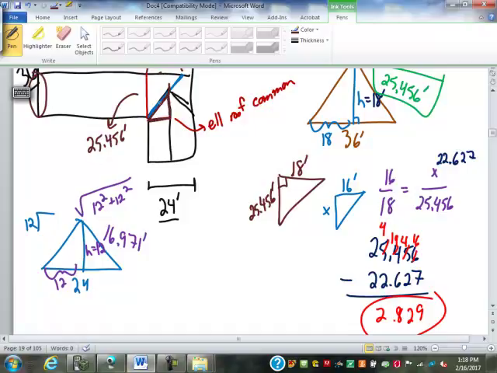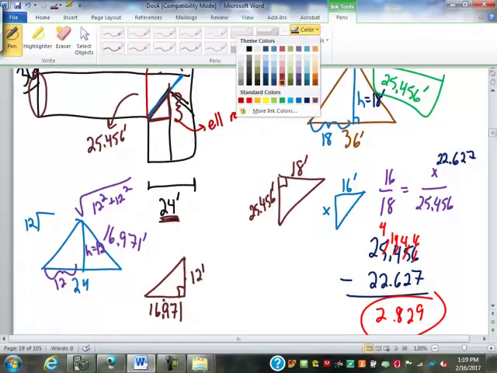So now we're going to look at this triangle right up here. What we just found is this, 16.971 feet. What's this going to be? This distance here. It's going to be half of the 24, 12 feet.